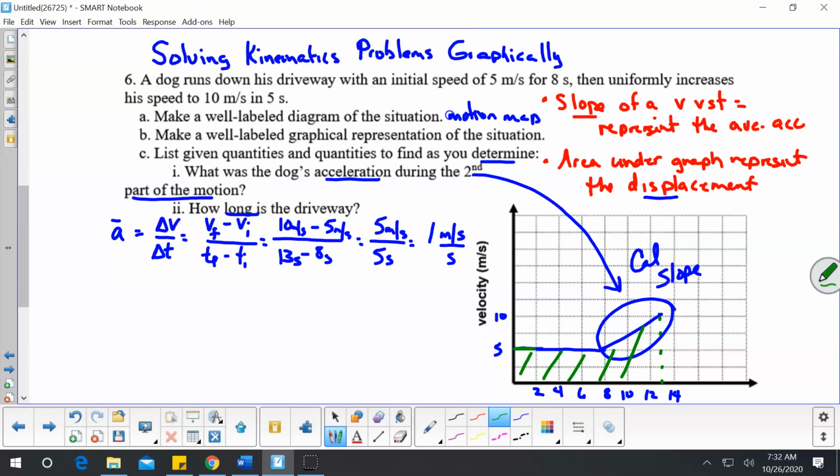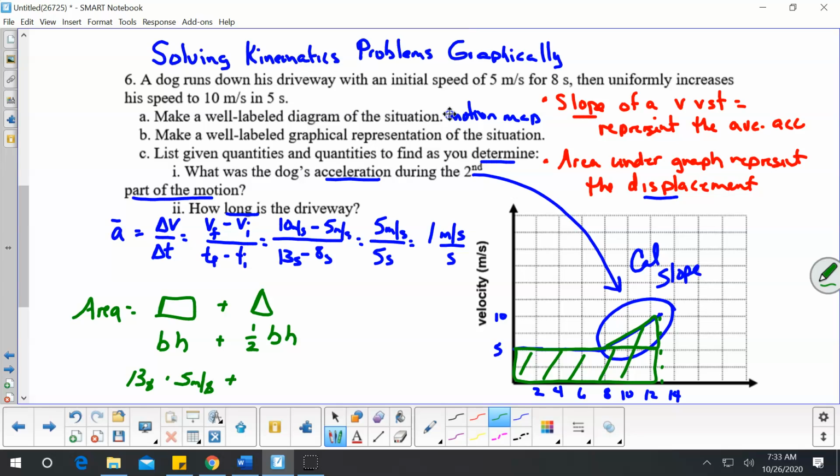Now, if I look at this, I have a rectangle here, and then I have a triangle here. So my area equals the rectangle plus that triangle. So it's base times height plus 1/2 base times height. For the rectangle, the height is 5 meters per second times the base, the total time, 13 seconds.